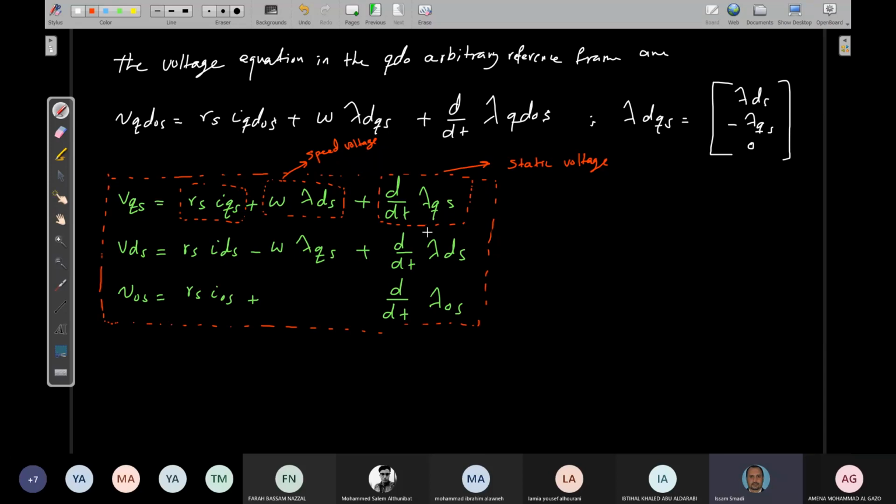So for example, in the transformer, you cannot see this one because in the transformer, the stationary circuit and the rotor are fixed. There's no relative rotation in between. So in the end of the day, all the voltage is due to static coupling. The same thing here: this term is the speed voltage, and this term is the static voltage.